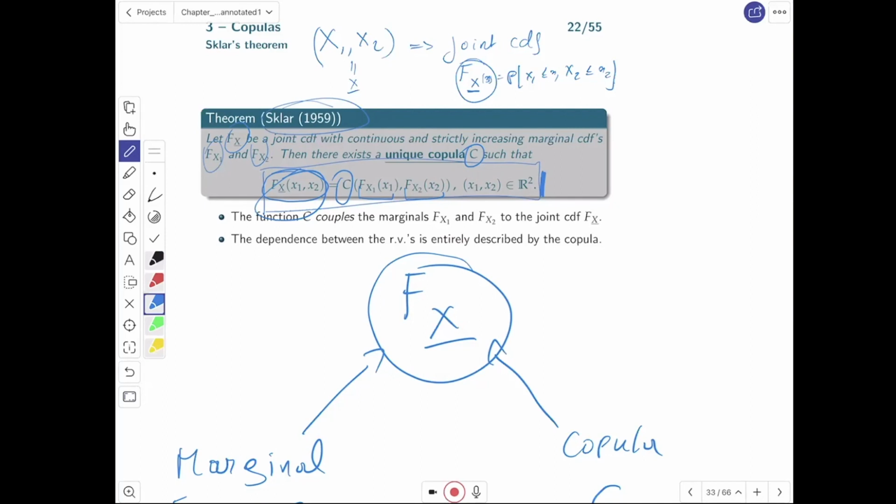From a practical point of view, that helps you to do the job. But it also tells you there's only one way to do this. The copula function C, that's where your dependence information is stored. Okay? And again, it's an extremely important formula.